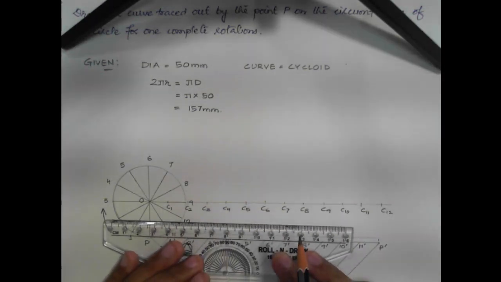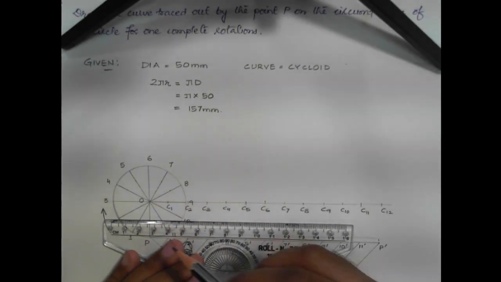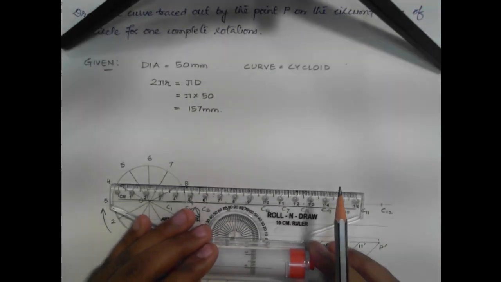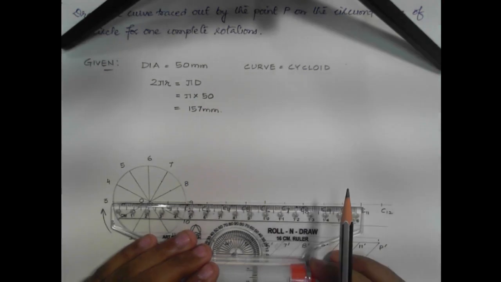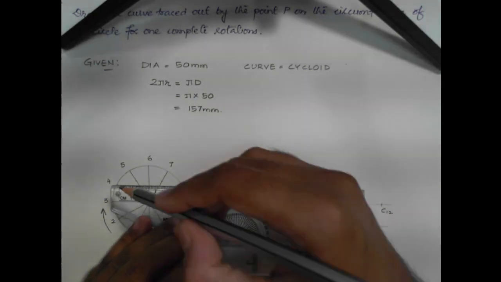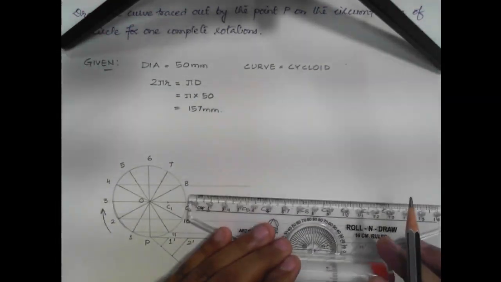It's a very easy curve. This center line 3 to 9, the center line is defining. 4 to 8 I'll define. I'll take the parallel line, a smooth parallel line you have to draw.